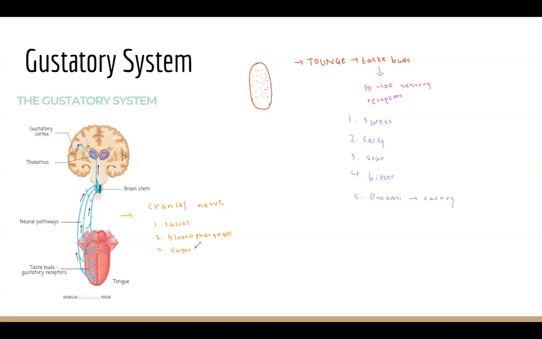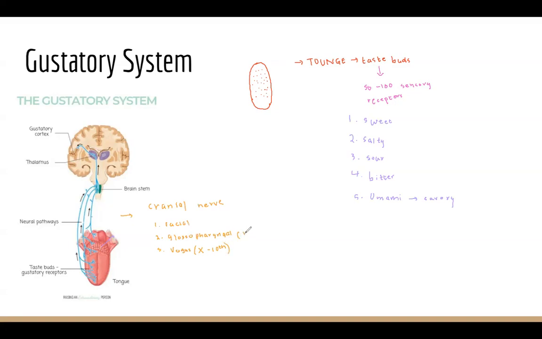So I'm pretty sure vagus is your 10th nerve. Glossopharyngeal, I believe, is your, oh wait, I don't know how to do Roman numerals. I'm sorry, my bad. Your vagus is your 10th nerve. Just to make sure I'm not writing that wrong.